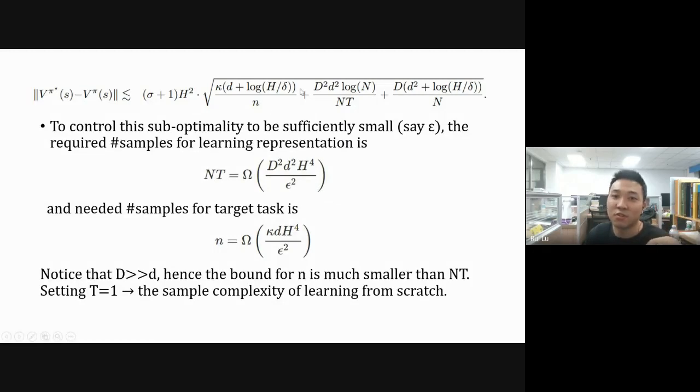So the tricky part is here: you just ignore this small n term and you set capital T to 1. Then the training procedure of our algorithm 1 is exactly what you are talking about. You just treat this capital D as the feature and you learn a regression problem. With T being 1, this is the required number of samples that you need to solve this task. As you can see, the capital D square is what you need. So that is quite large.